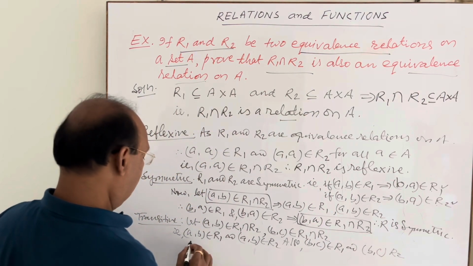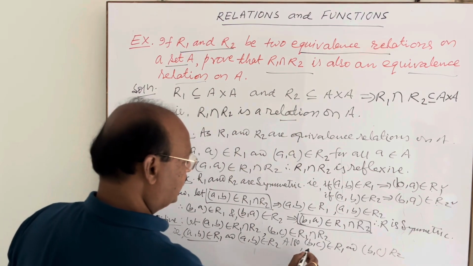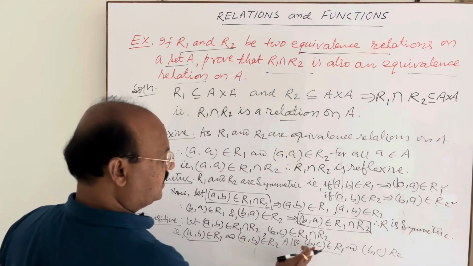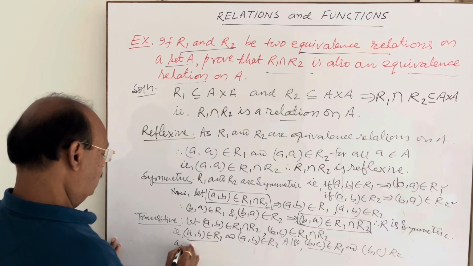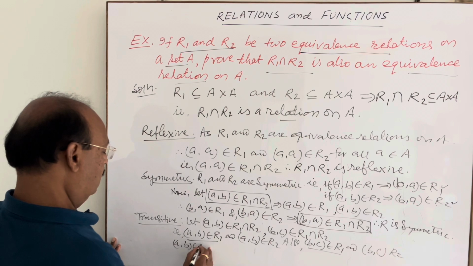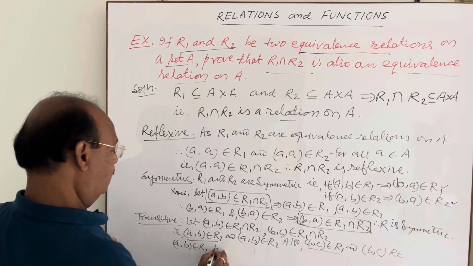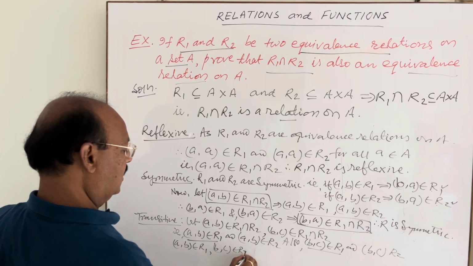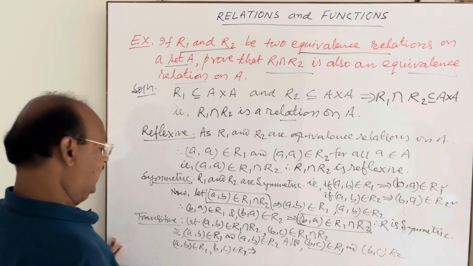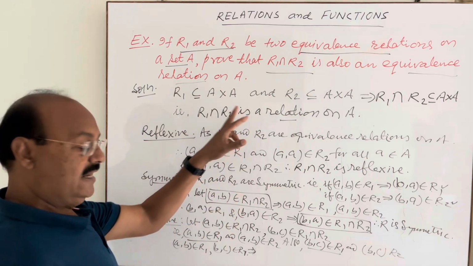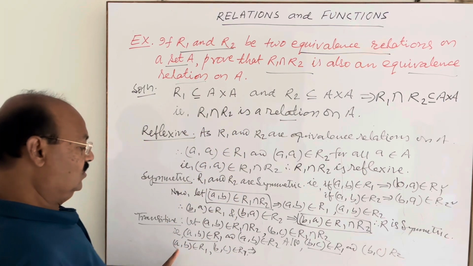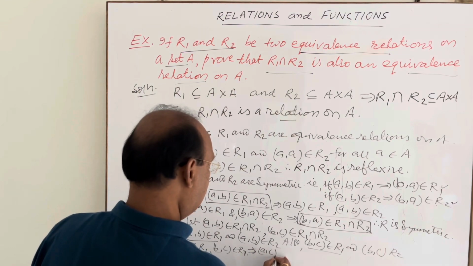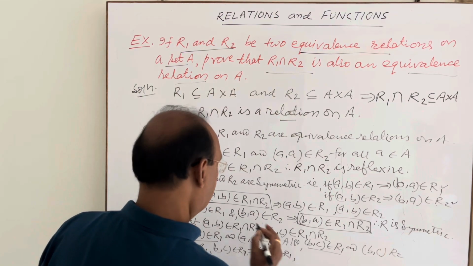Now we'll group these statements together. (a, b) belongs to R1 and (b, c) belongs to R1, which implies, since R1 is an equivalence relation and so transitive, that (a, c) belongs to R1.